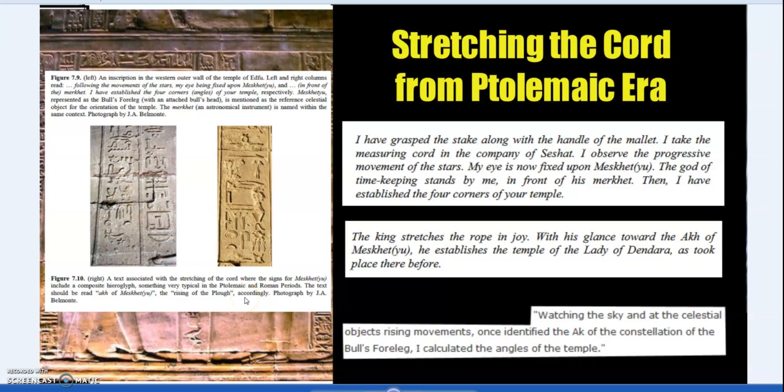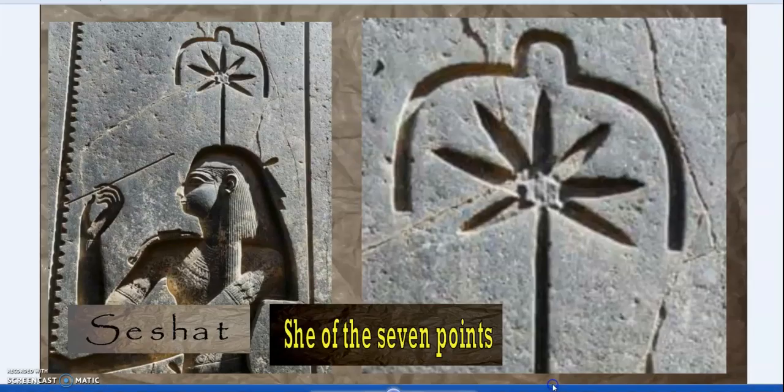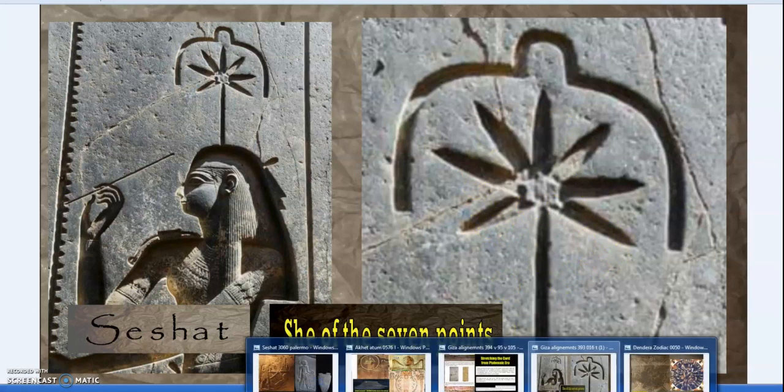Now this is very important, and brings us back to the stretching of a cord done by Seshat, the goddess of survey, construction, writing, and mathematics, also called She of Seven Points.